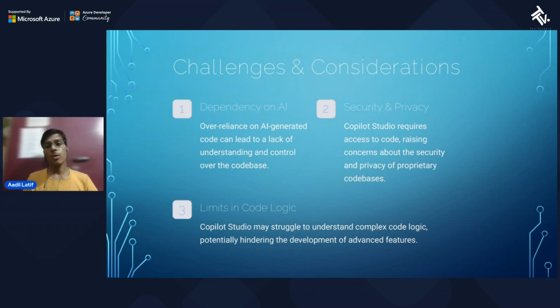Because if we copy all the code from the Copilot Studio, then our problem solving skill will not increase. If we give an interview, we will be totally rejected, because we do not have the skill. We are only copying the Copilot Studio output.